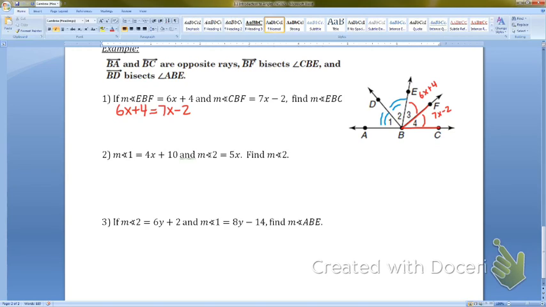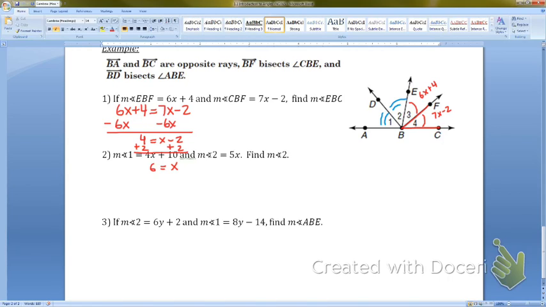Take a minute and solve this problem. I'll do it up here as you do it at your seat. So we should be getting x equals 6.